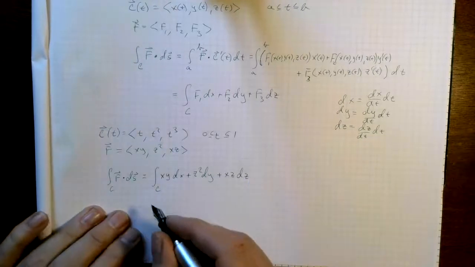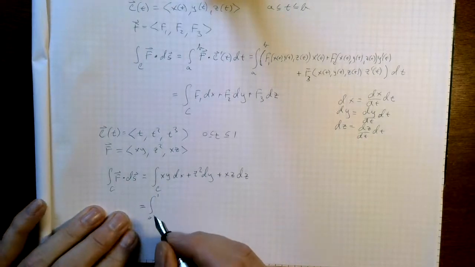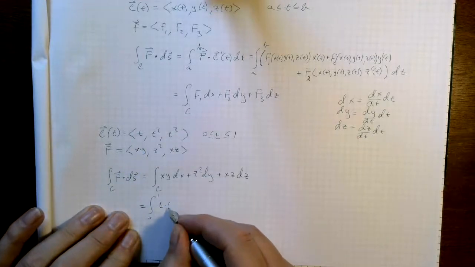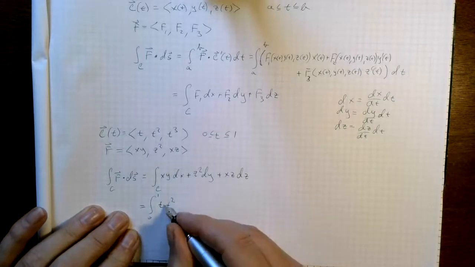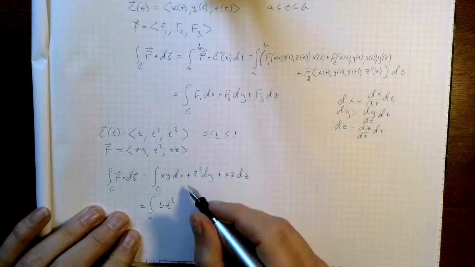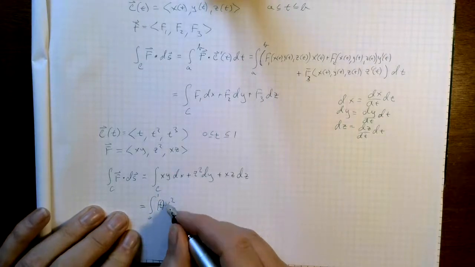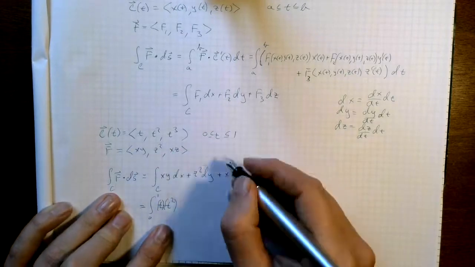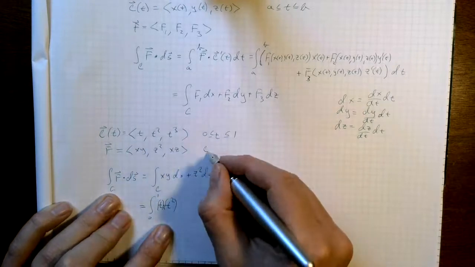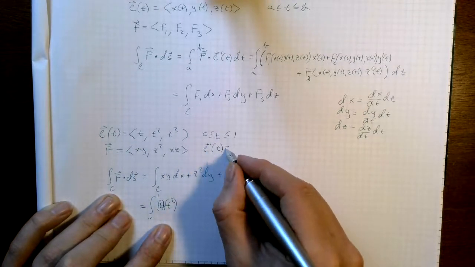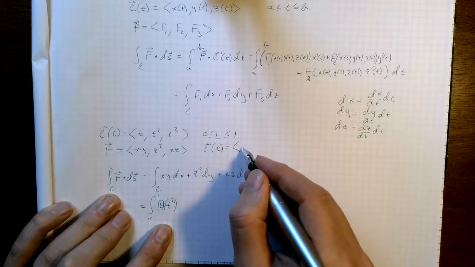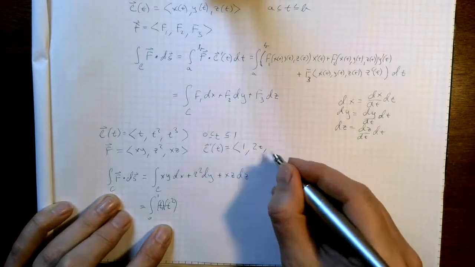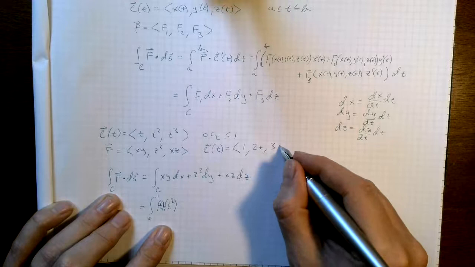So what is this? Well, this is the integral from 0 to 1 of xy, so x times y, so t times t squared, not a dot product, just the times, times dx. So c prime: let me write the derivative over here. x prime is 1, y prime is 2t, and z prime is 3t squared.